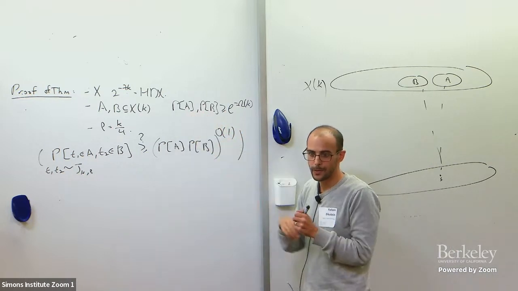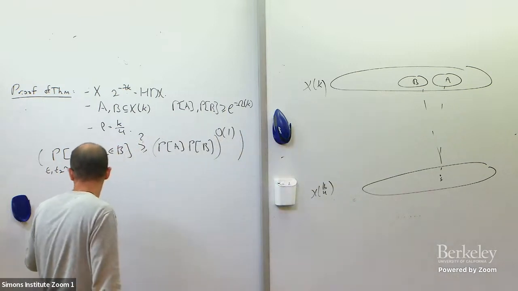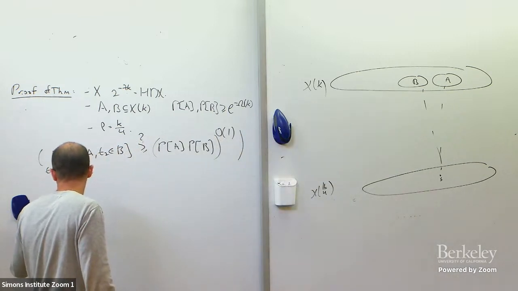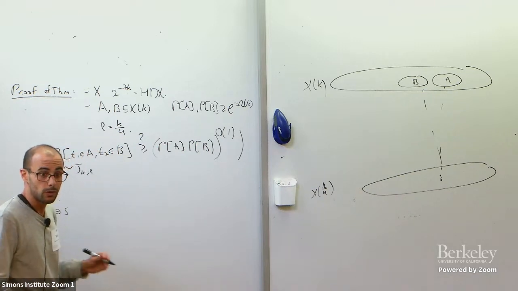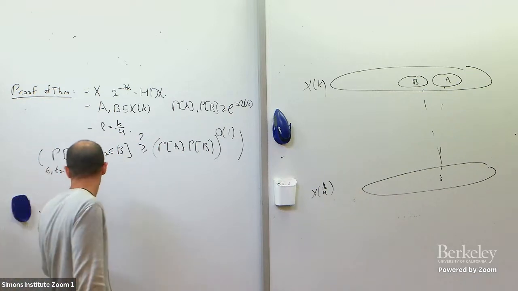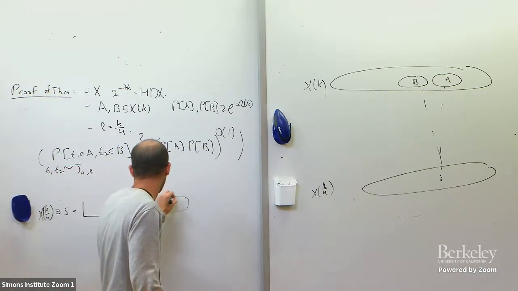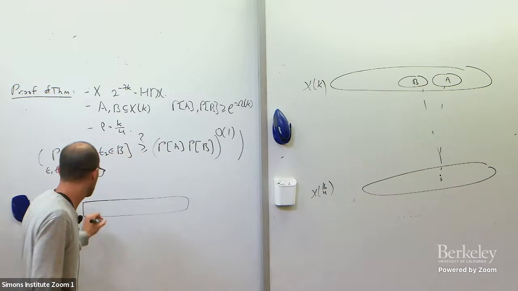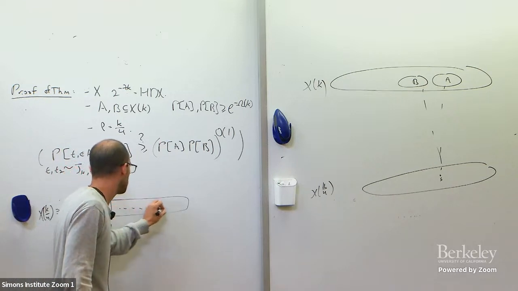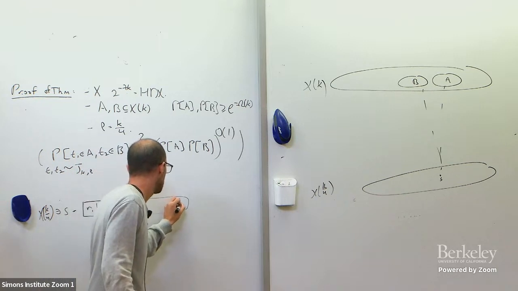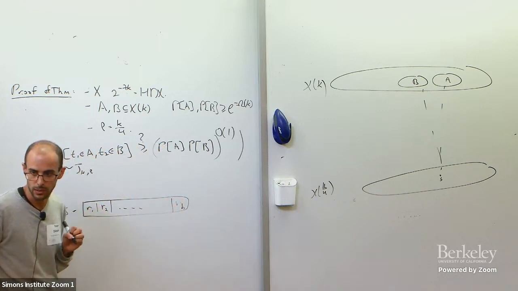So with this in hand, the trick will be that when we sample S in x_{k/4}, we won't sample it in one shot. We will sample it in batches. So we think of S as a k over 4 set, but we will sample it J vertices at a time: R1, R2, R3, and so on, up to R_B, which will be the number of times we need to do this.